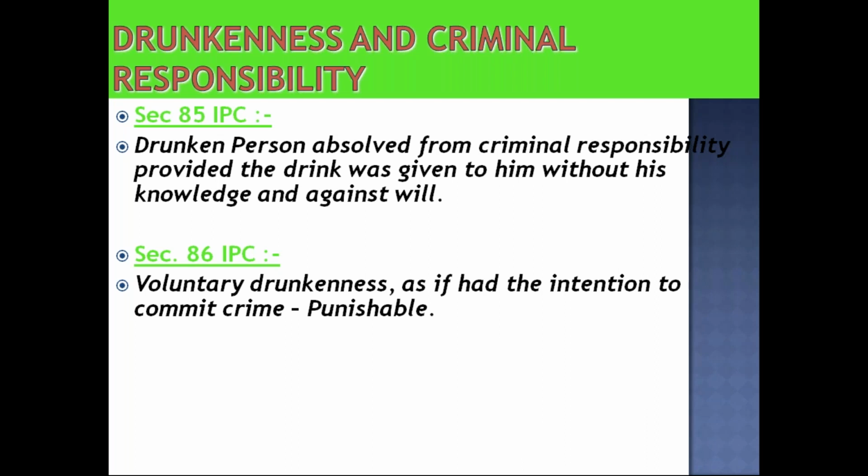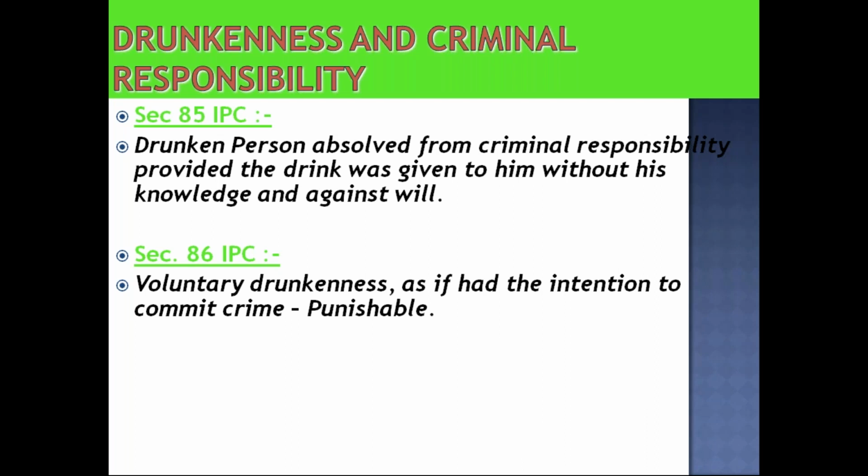The next, section 86, is voluntary intoxication. In this, a person has the intention to commit a crime, and in order to commit it, he takes alcohol, and then he goes and commits the crime. Then that is punishable. So alcoholism is of two types in criminal responsibility: section 85 IPC and section 86 IPC.